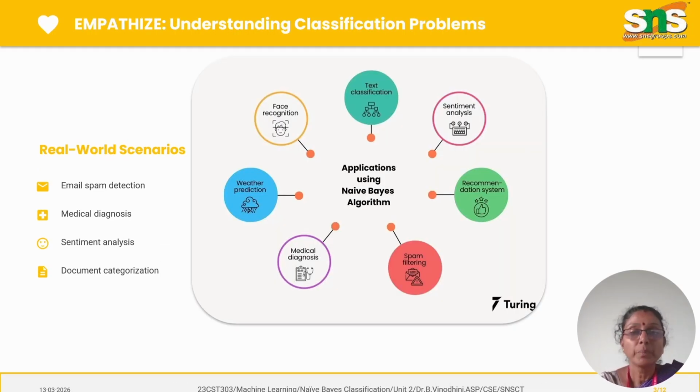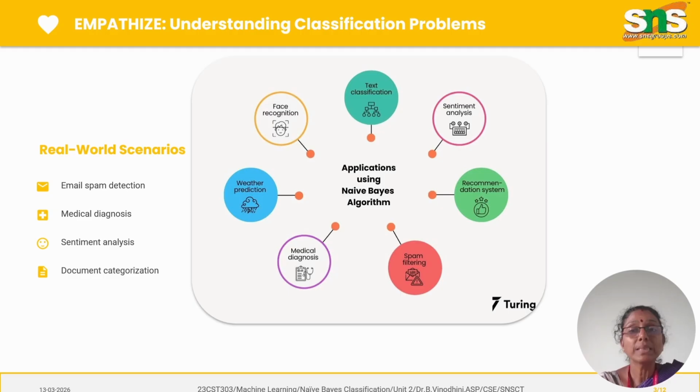Before going into the Naïve Bayes classifier, first we should understand the classification problems in real world scenarios. The classification problems are email spam detection, medical diagnosis, sentiment analysis, and document categorization. These are all the real world scenarios that use the Naïve Bayes classifier to classify new input.